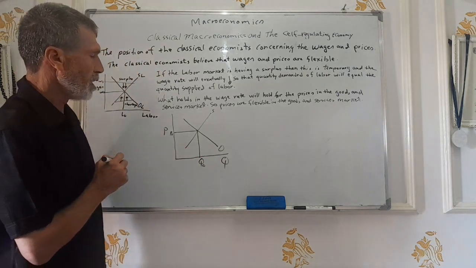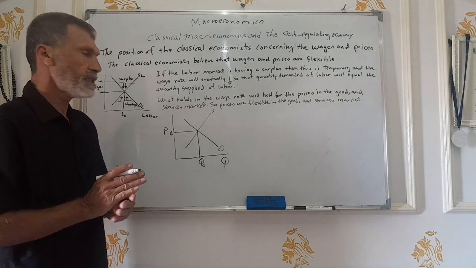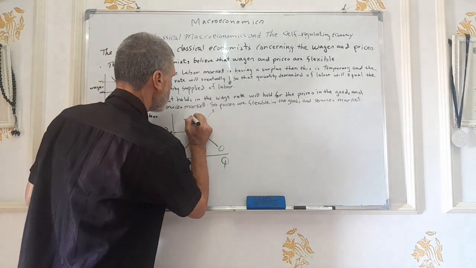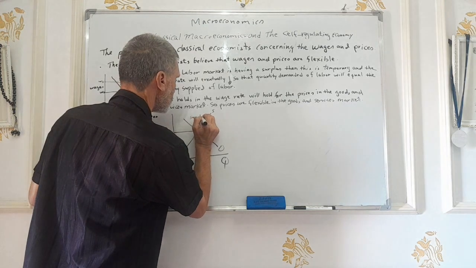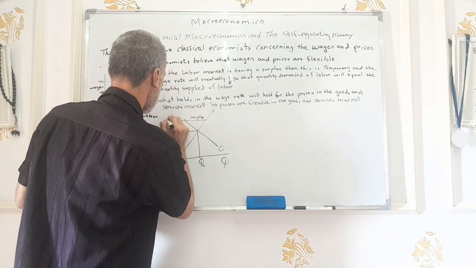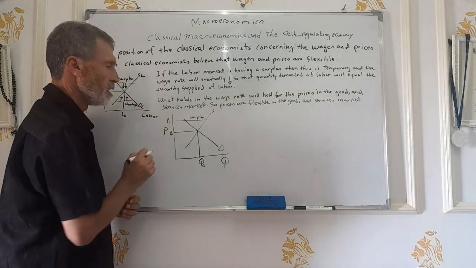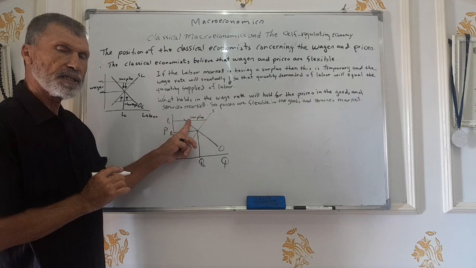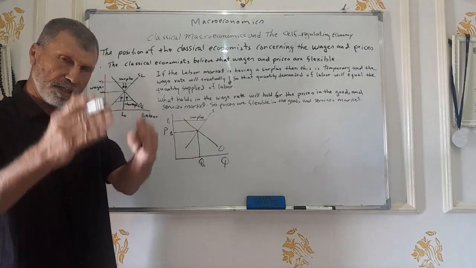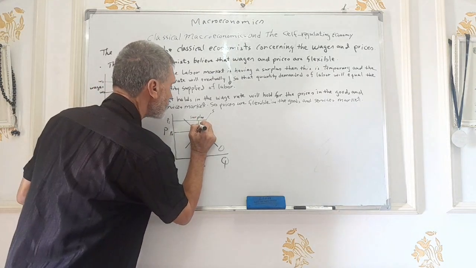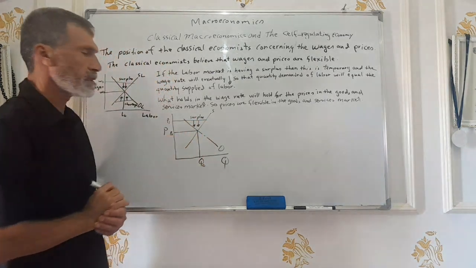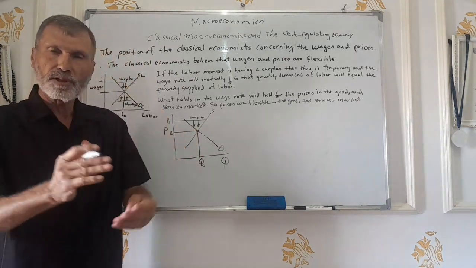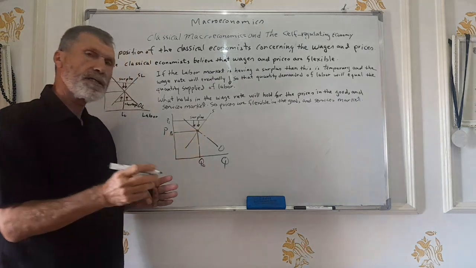So if the economy is experiencing a surplus in the goods and services market, then what happens? Let's say at P1 we have a surplus here. The surplus means the quantity supplied is greater than the quantity demanded. So eventually the price level will decrease until equilibrium is established, until quantity demanded equals quantity supplied.